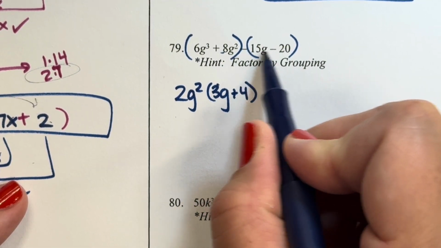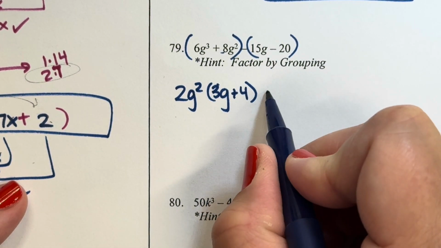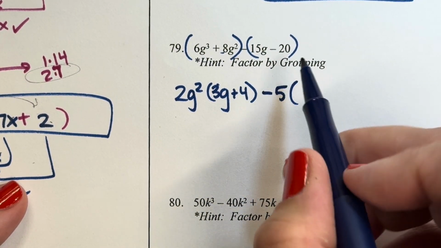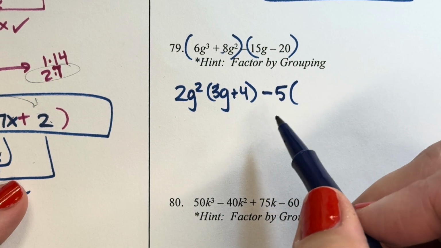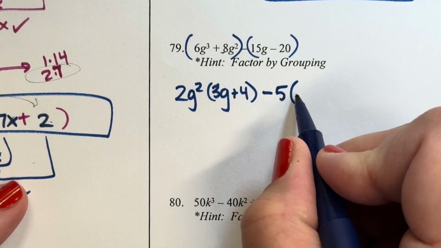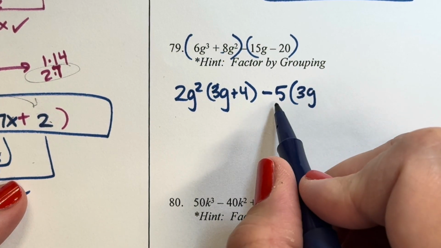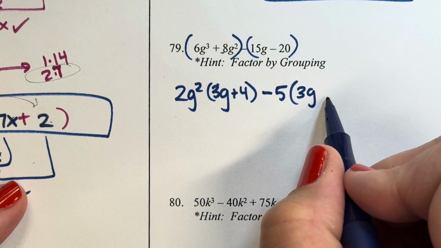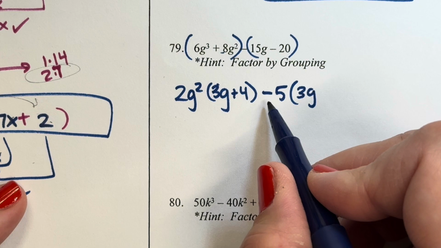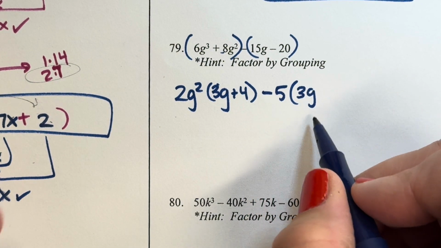Next, the greatest common factor among the second group would be negative 5, and then negative 5 times 3g makes negative 15g.